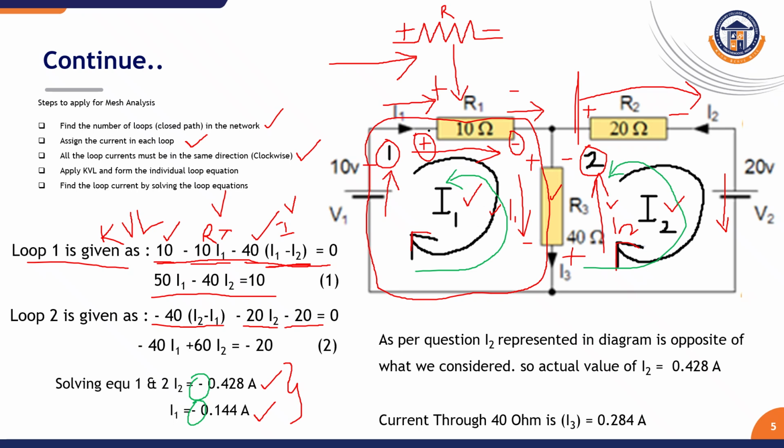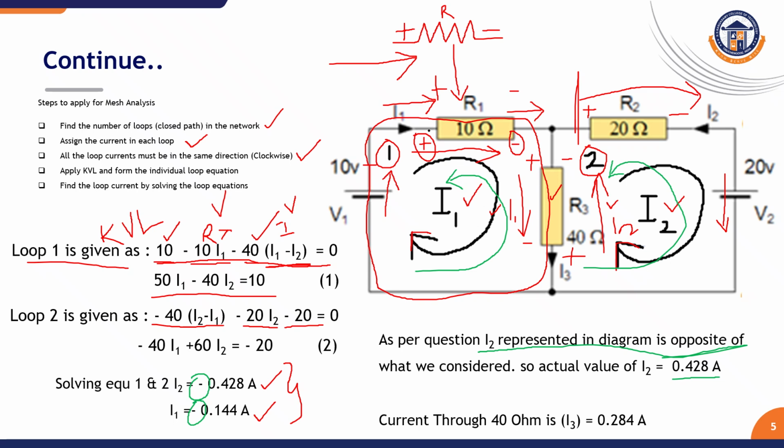As per the equation, I2 in the diagram is opposite to what we considered. So I2 is 0.428 ampere. For the current through the 40 ohm resistor, I3, one is positive and the other is negative, in opposite directions.